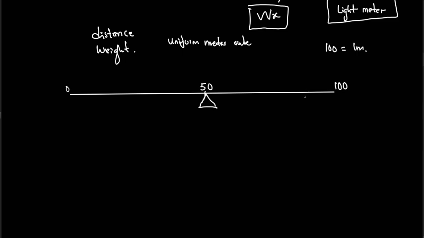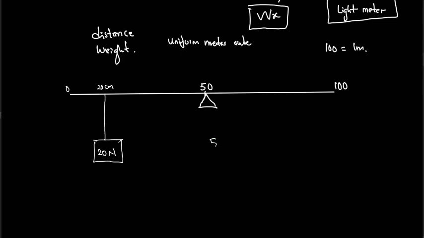The question can be, if we place a weight, let's say for example of 20 Newton at the 20 cm mark, where are we going to place a 50 Newton mass on the other side?